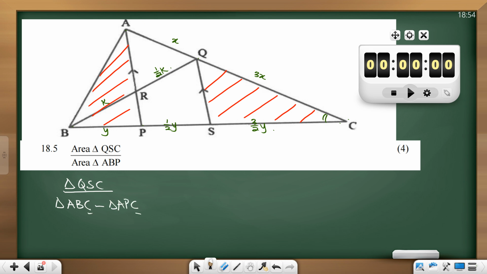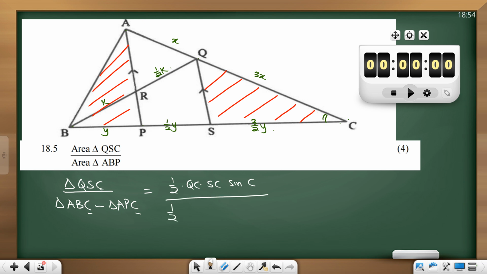If you notice, there's a common angle that is being maintained. So what will this be? Half QC SC sine C over, what is ABC?